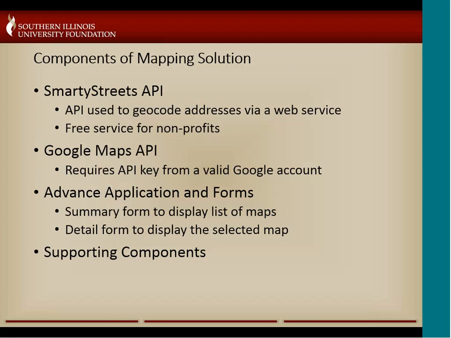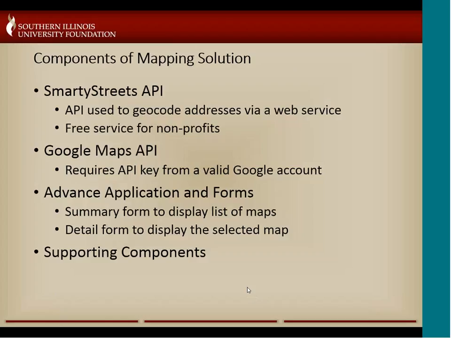That's again called an API, and that's what Google Maps offers. With that, you have to have a valid Google account, and that really means any type of account that Google holds. And that's, again, a free thing. That's free for anybody, really, not just nonprofits, to use this functionality.